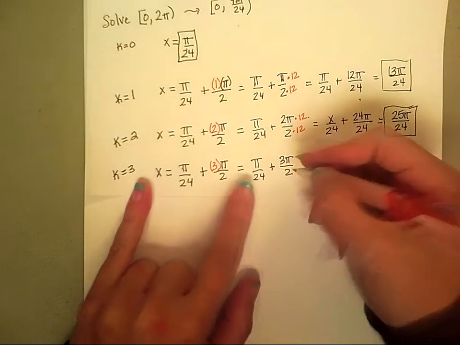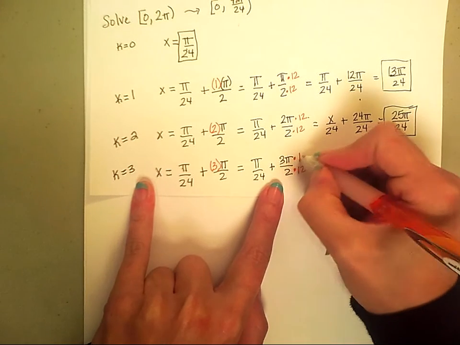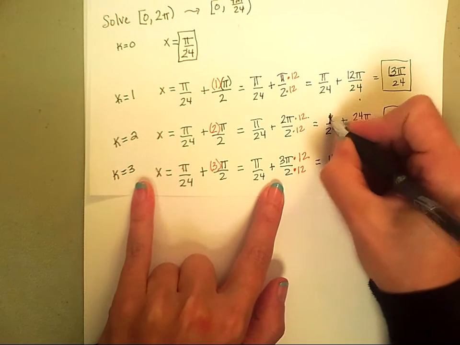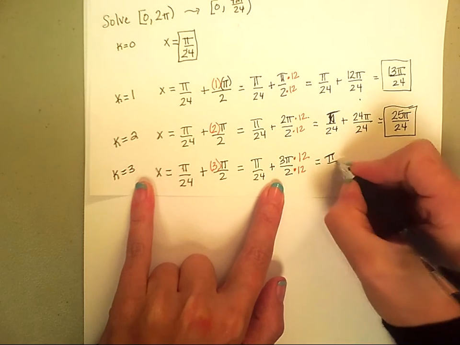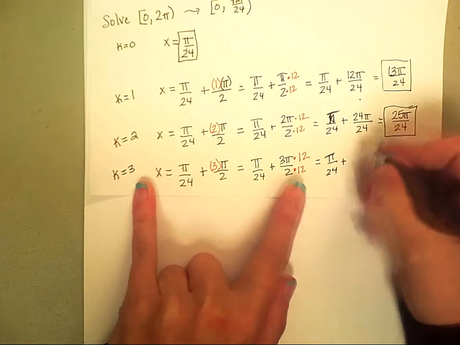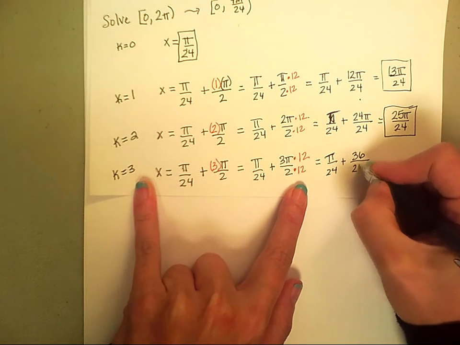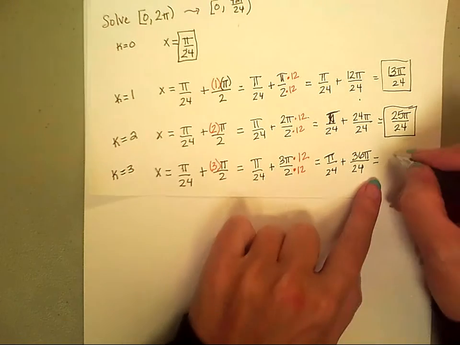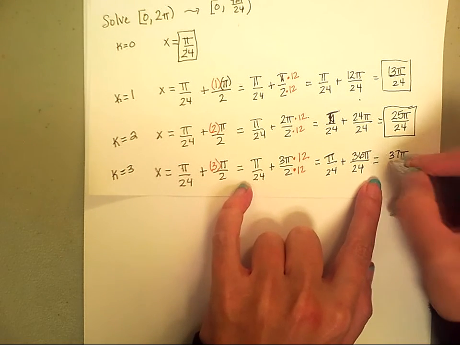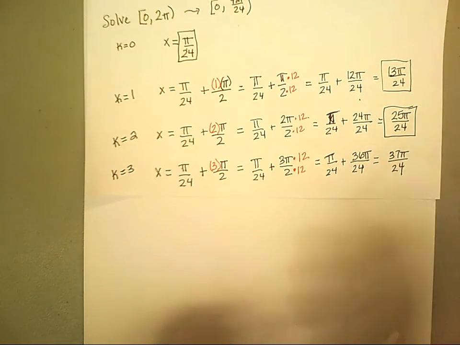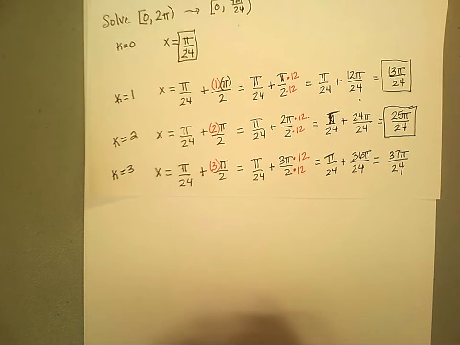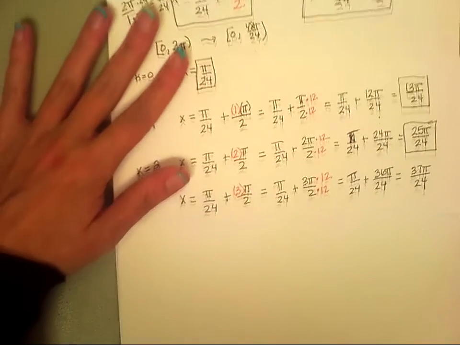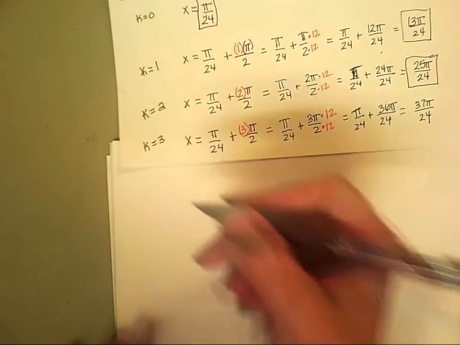We need a common denominator, so we'll multiply by 12 and by 12 to get π over 24 plus 3 times 12, which is 36π over 24. Then 36 and 1 is 37π over 24. Now this is still smaller than 48π over 24, so we can do it again.